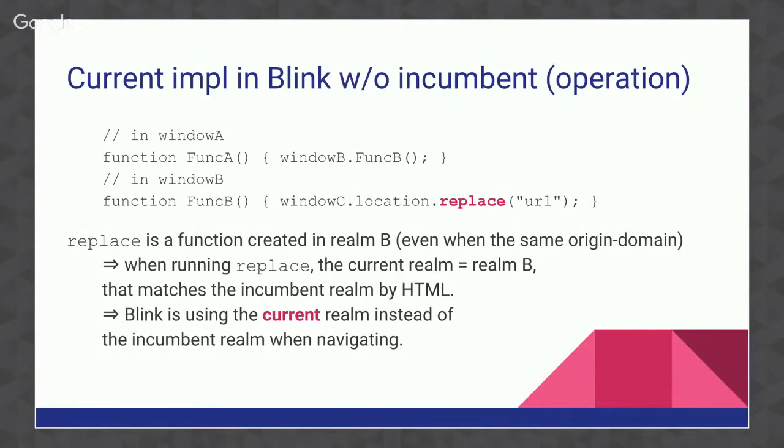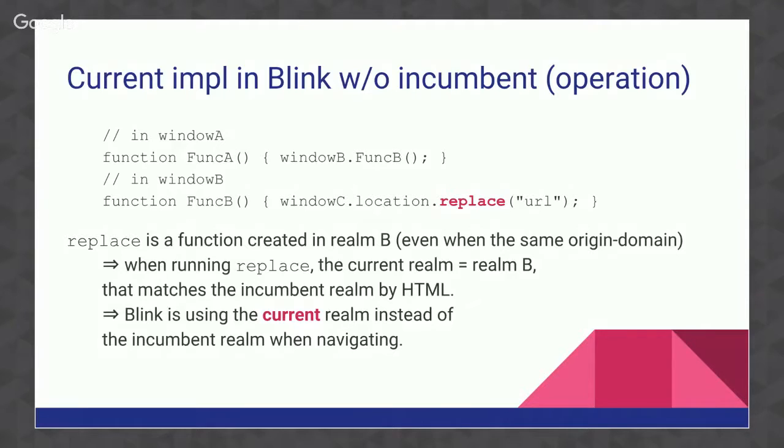And let's see another example. Let's consider a replace operation. Replace is an ECMAScript function created in realm B in this case, because Blink always, even if it's the same origin domain, performs the cross-origin GetOwnProperty helper.